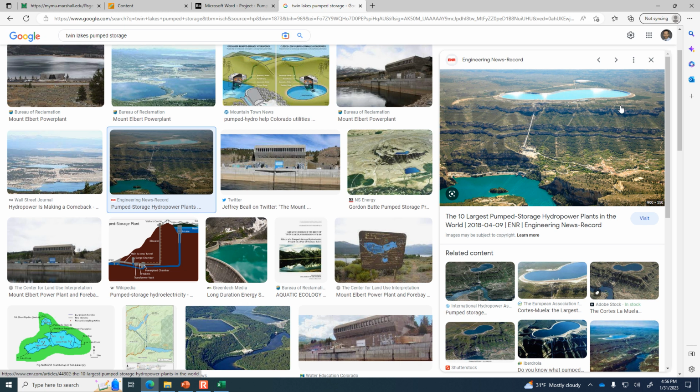A related technology is a gravity battery. That's something they're thinking about doing here in West Virginia, where they'll have a really heavy weight and dangle it above a mine shaft. As that weight goes down, it could spin a generator.